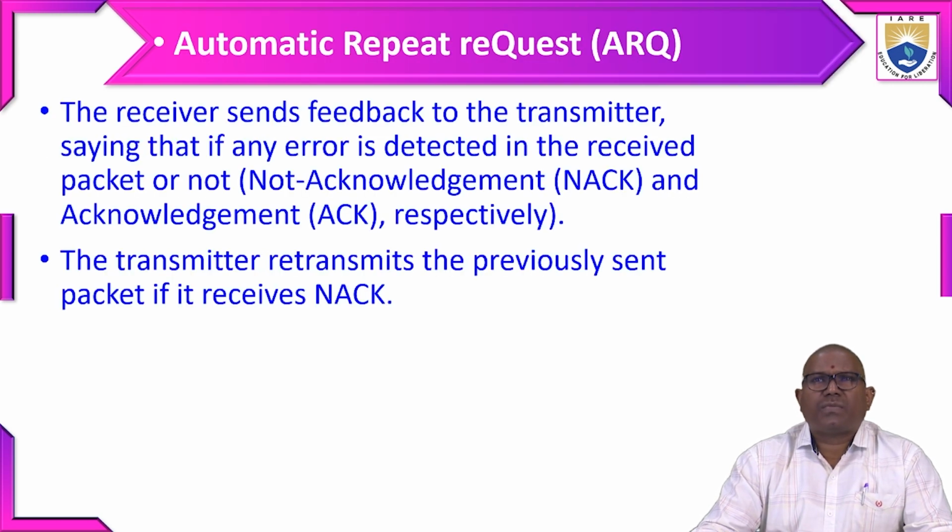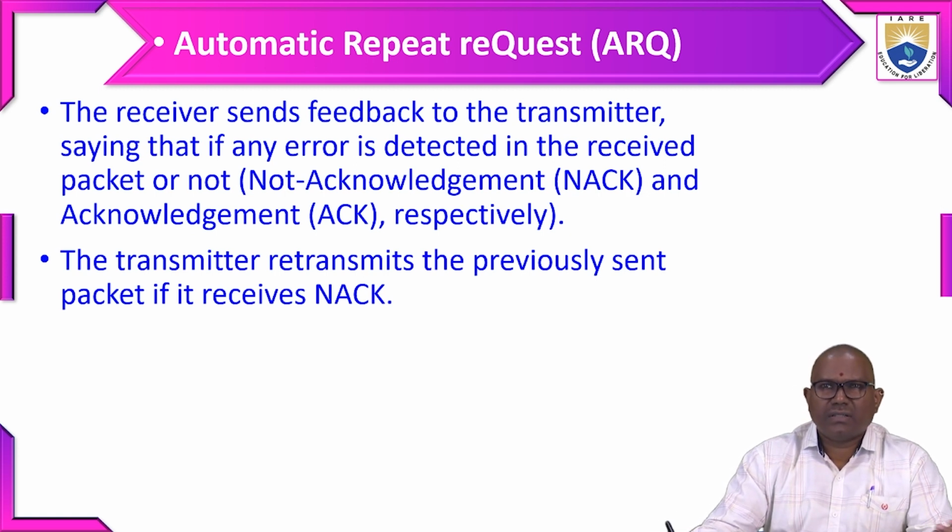So the first one is automatic repeat request, ARQ. The receiver sends feedback to the transmitter saying whether any error was detected in the received packet or not, as a not acknowledgement or an acknowledgement respectively.